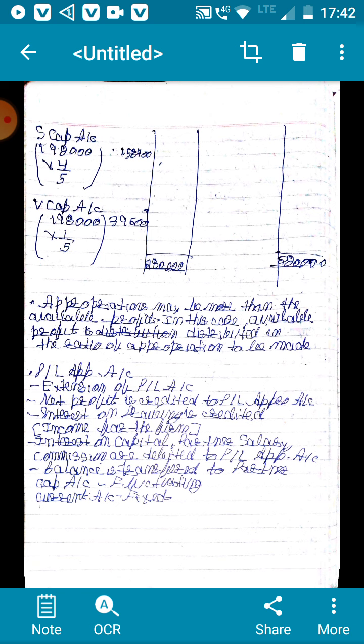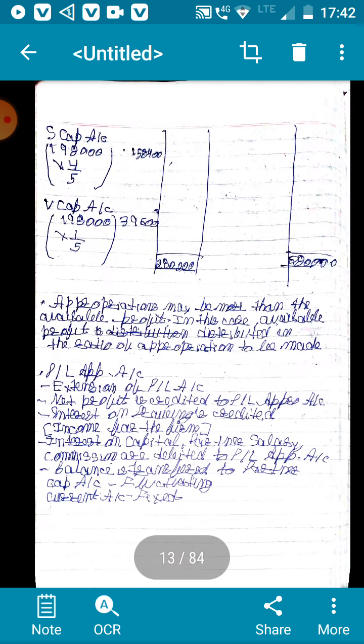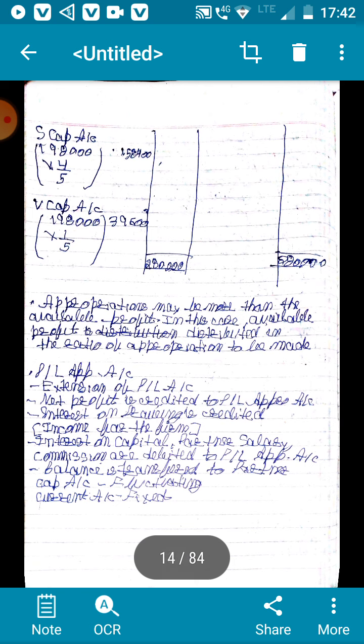In such a case, the available profit is distributed in the ratio of the availability. What does this mean? After finishing this question, I will try to help you understand the point highlighted under this question.